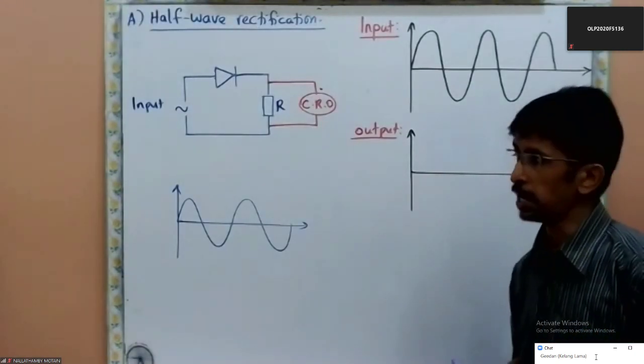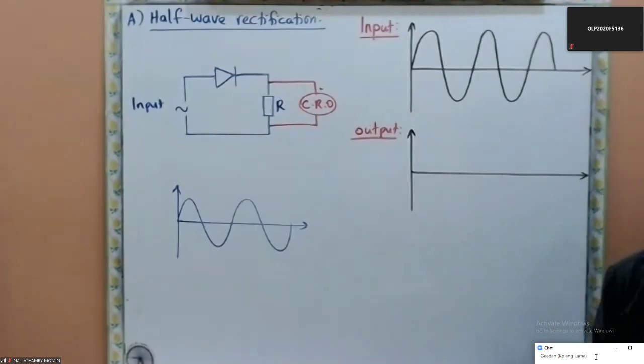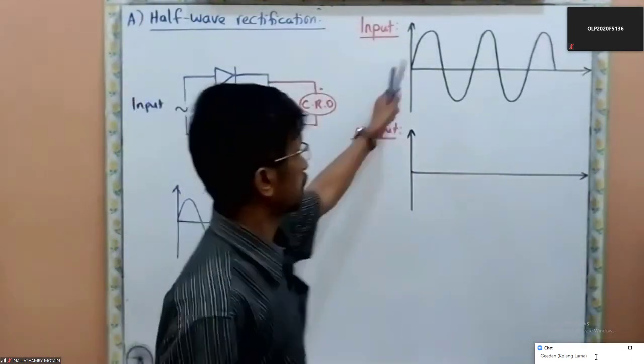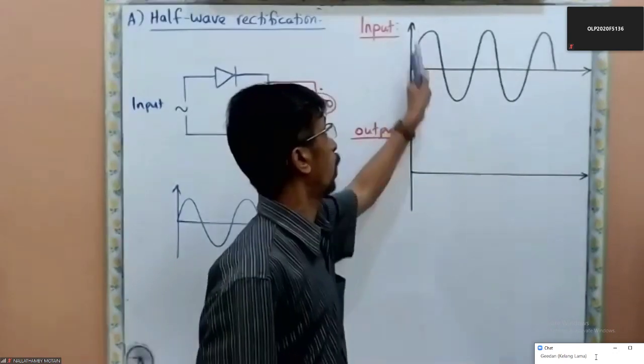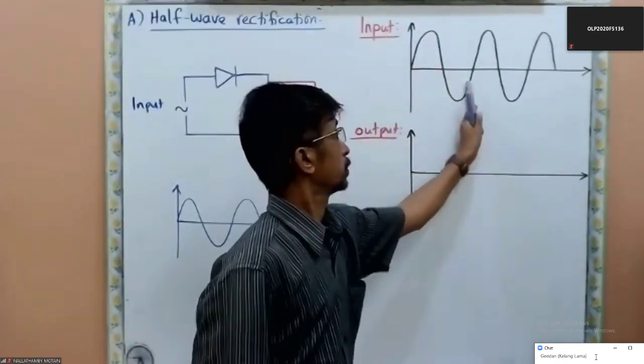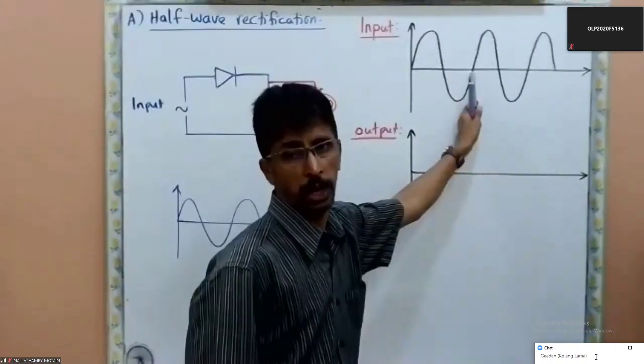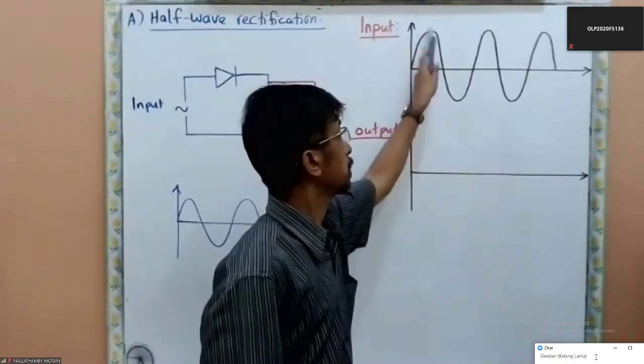Wait, let me explain first, then later you can copy here. Listen first. This is what you call one cycle. From here to here is one cycle, one complete wave.